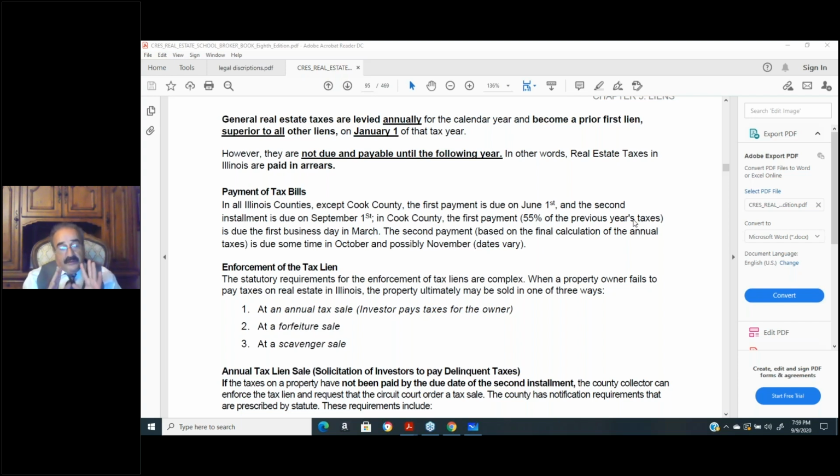Well, usually, if I have a mortgage on a property, the mortgage company will probably pay my property taxes. Why? They're not going to let you buy my property for $6,000 in back taxes when there's a $150,000 mortgage on it. But you could be liable for that mortgage if you bought the taxes and you own that property.